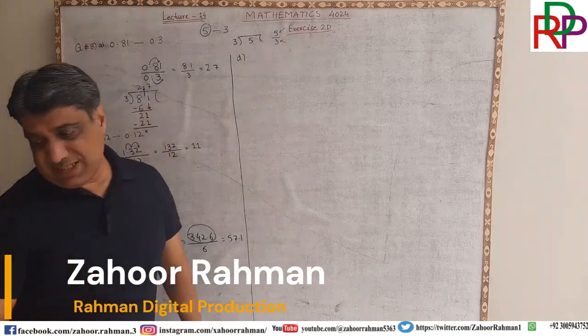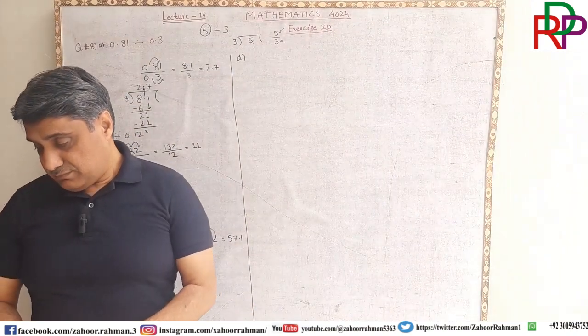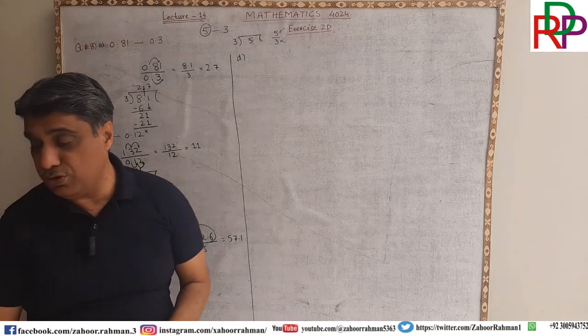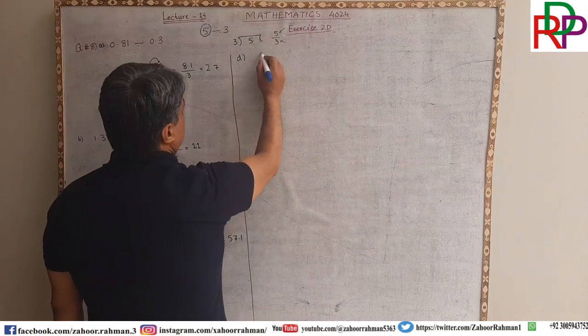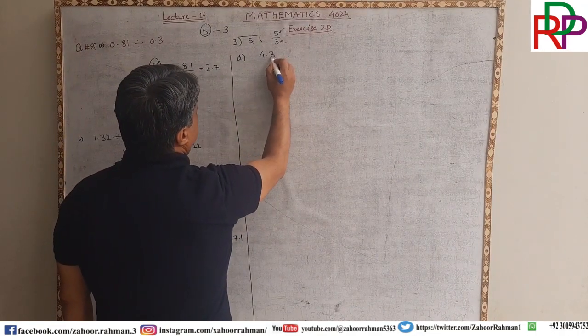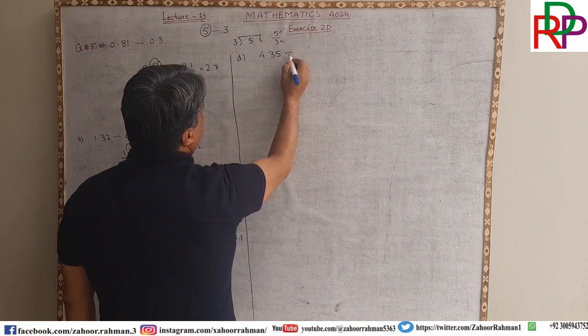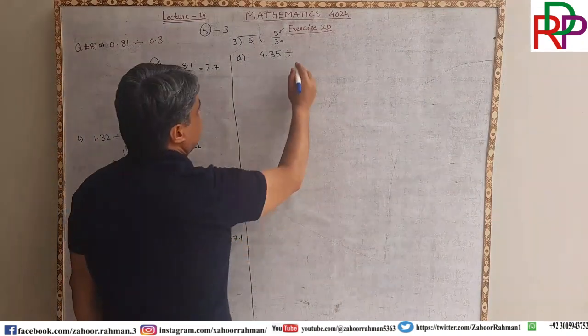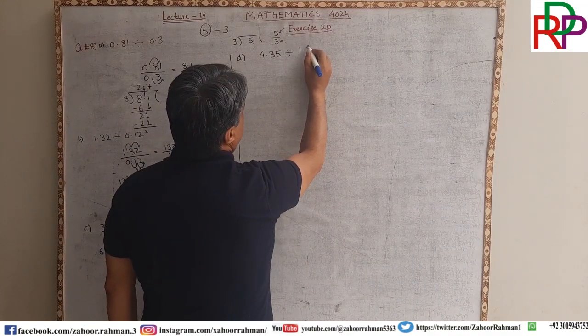Now let us move our focus towards the D part. Let me look closer at the D part. 4.35 divided by 1.5.